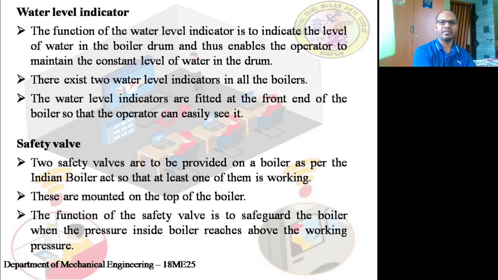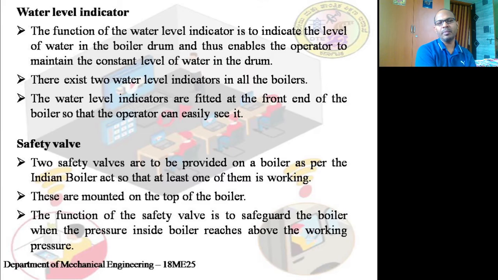What is the use of a water level indicator? Basically, the function of the water level indicator is to indicate the level of water in the boiler drum and thus enable the operator to maintain a constant level of water in the drum. There are two water level indicators in all boilers. They are fitted at the front and end of the boiler so that the operator can easily see them.